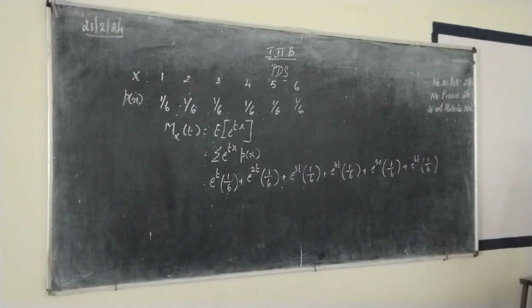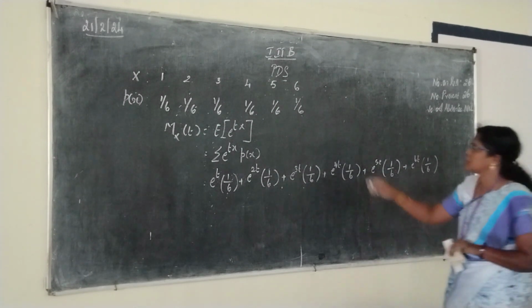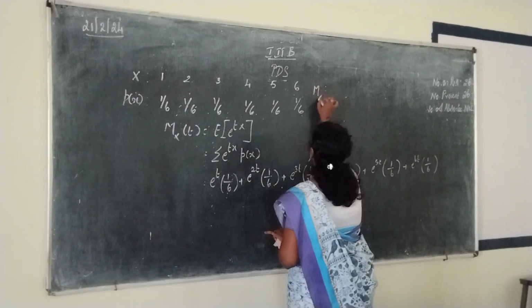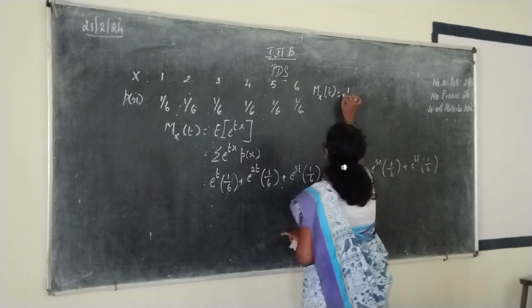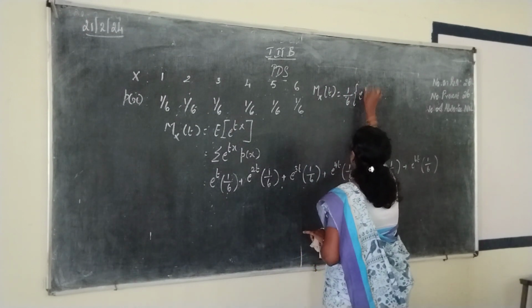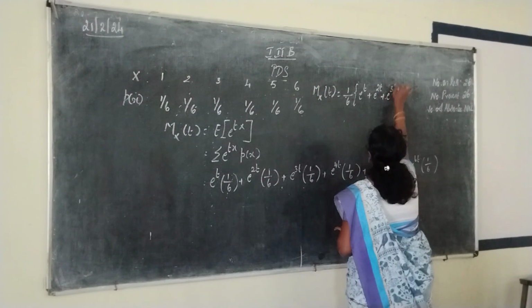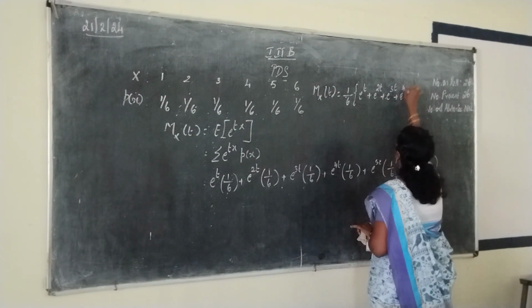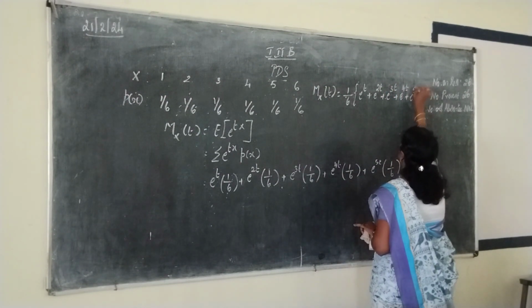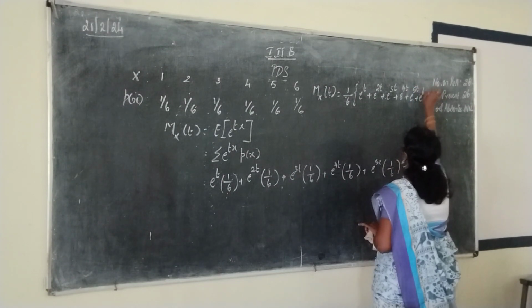You substitute the x values one by one, multiplied by the corresponding probability value. What is common here? 1 by 6. Take it outside. So Mx of t will be equal to 1 by 6 into e power t plus e power 2t, e power 3t, 4t, 5t, 6t.